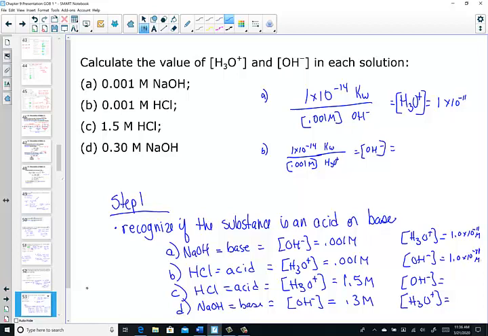In letter C, 1 times 10 to the negative 14th divided by 1.5. And that reads for me 6.67 times 10 to the negative 15th. Wow, that's really acidic because the base ion is incredibly small.